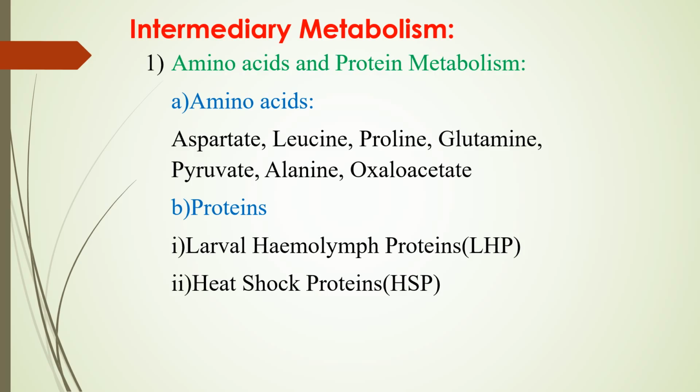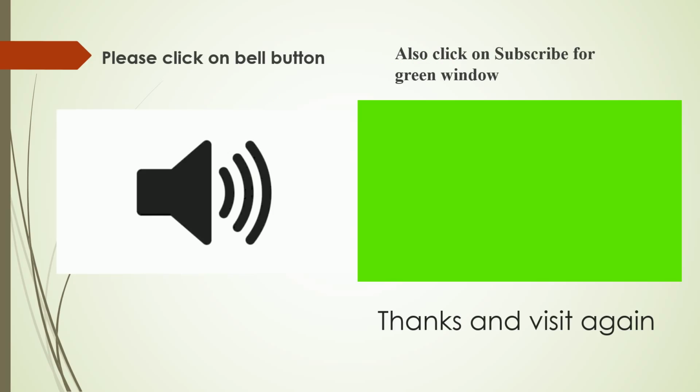LHP is also rich in phenylalanine, glutamic acid and tyrosine residues. Heat shock proteins are present in some insects, particularly Drosophila melanogaster. These are a specific group of proteins whose synthesis is induced by heat and some chemicals or environmental stimuli. Now, thank you very much.